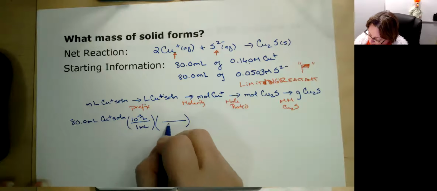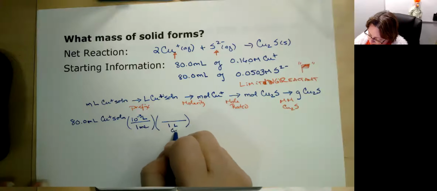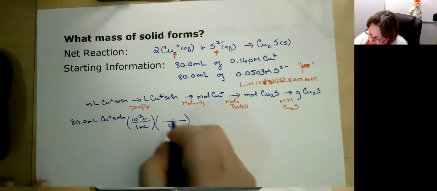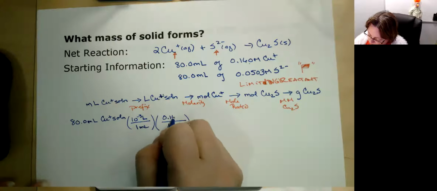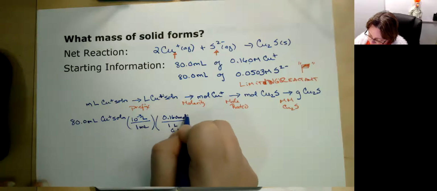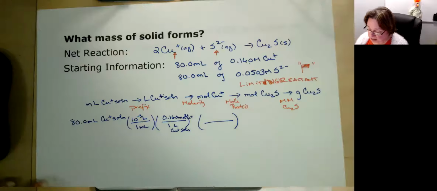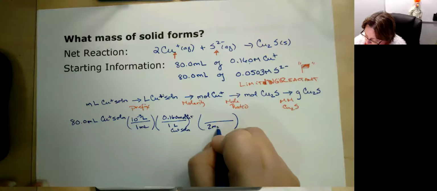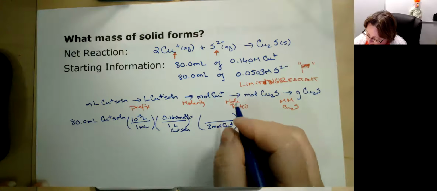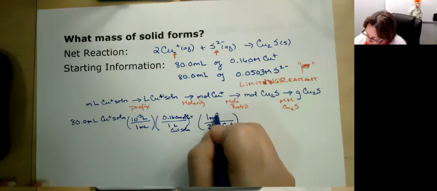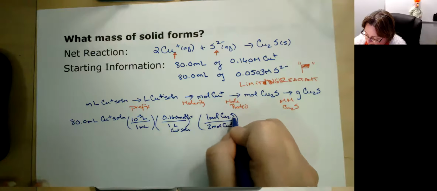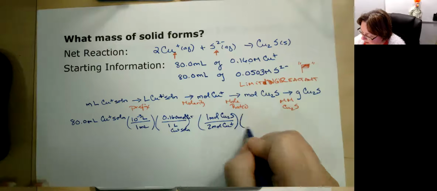So I'll put my liters in the bottom. 1 liter of my copper solution has 0.160 moles of my copper ion. Now in my balanced reaction, I have 2 moles of copper ion for every 1 mole of my product that I'm interested in, copper 1 sulfide.